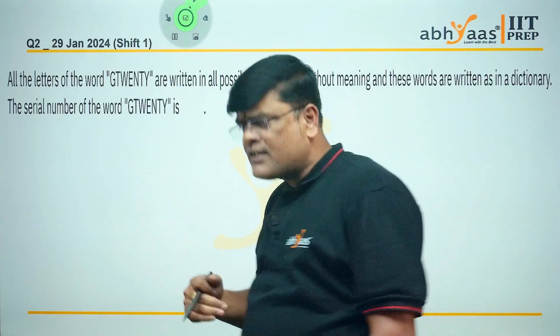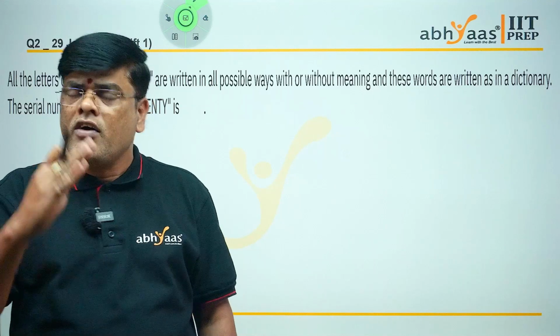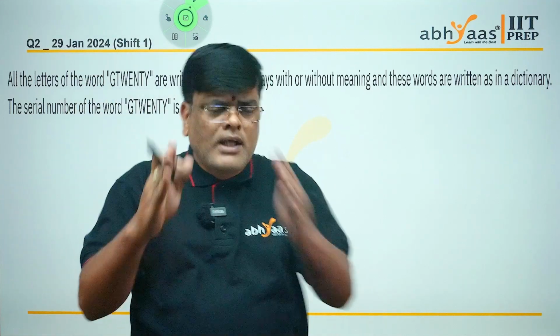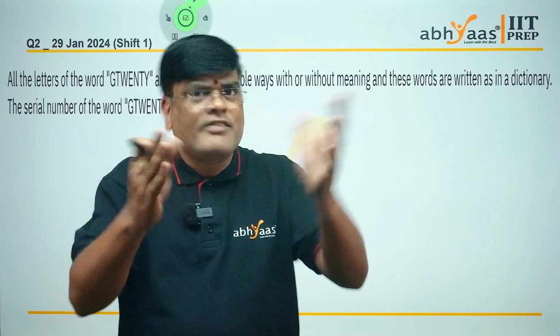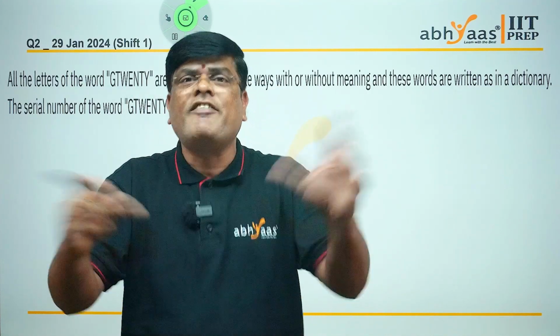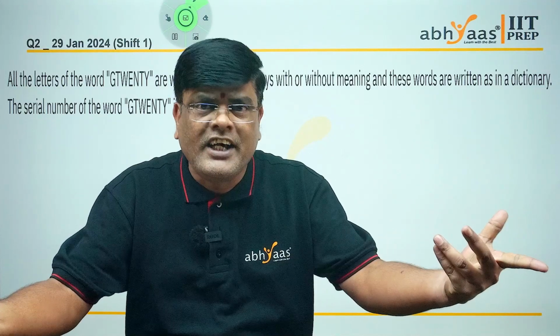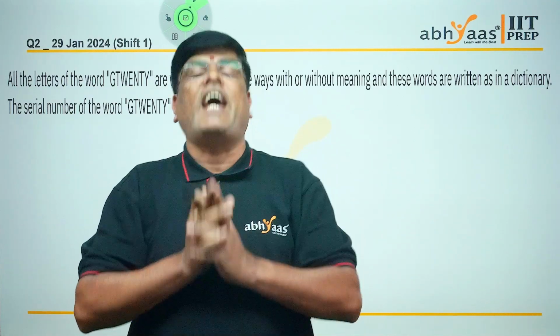Sometimes they will ask, find the rank of the word also. Rank of a word is nothing but, for example, one word is given. In that word, some letters will be there. When we arrange the letters in the given word in dictionary order, then the number of the word is called rank.